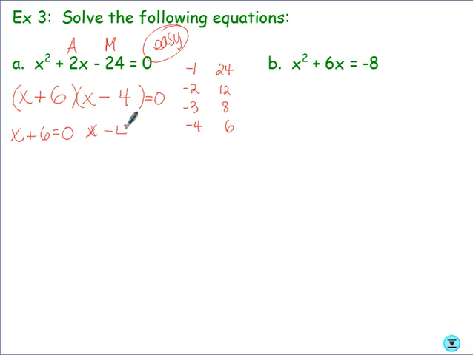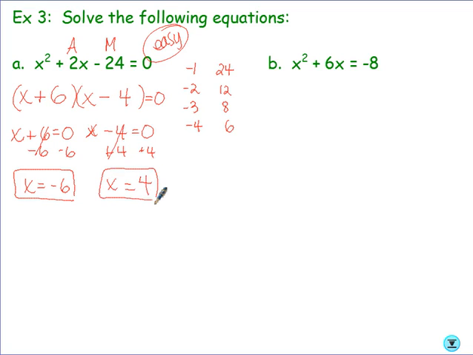Second parenthesis equals 0. Minus the 6 on this one. We get x equals negative 6. Hopefully you got that answer. On this one we add 4. And you get x equals positive 4. Hopefully you got that one completely correct.